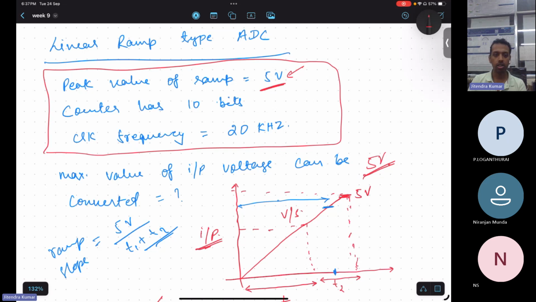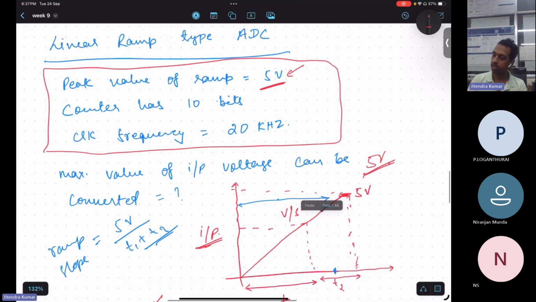Okay, great. So let us move on. Now we have to find out the resolution of this circuit.